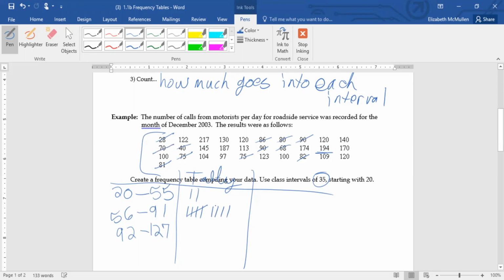I missed the 70 at the beginning. All right, between 92 and 127, I have 1, 2, 3, 4, 5, 6, 7, 8, 9, 10, 11. Okay, and so on we would count.